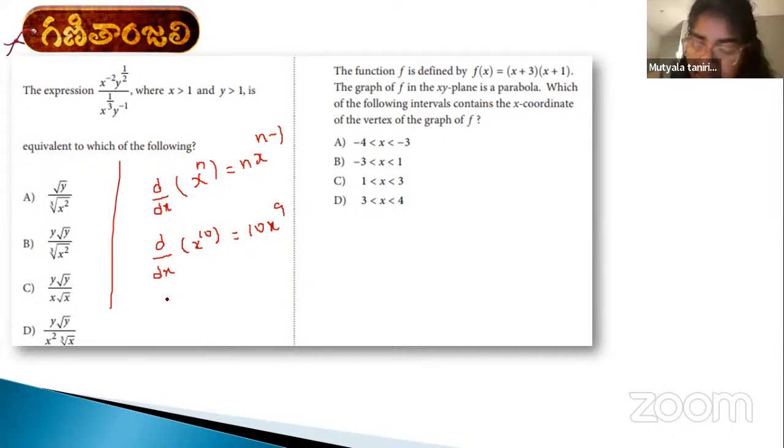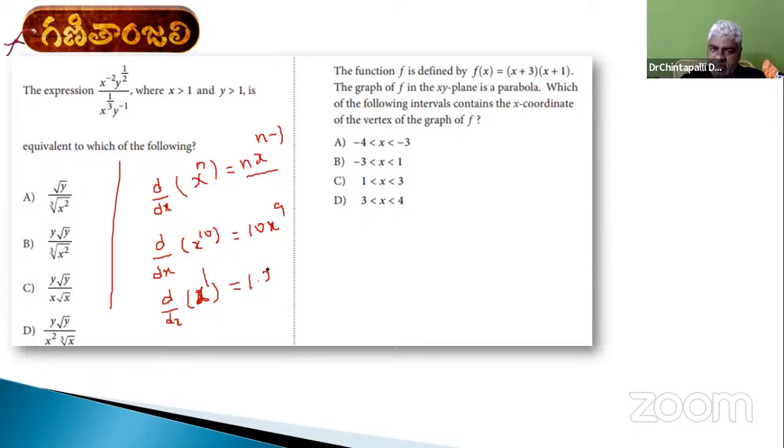What is the derivative of x? x means x to the power of 1, so 1 times x to the power 0. X to the power 0 is 1, so 1 times 1 is 1. The derivative of x is 1.